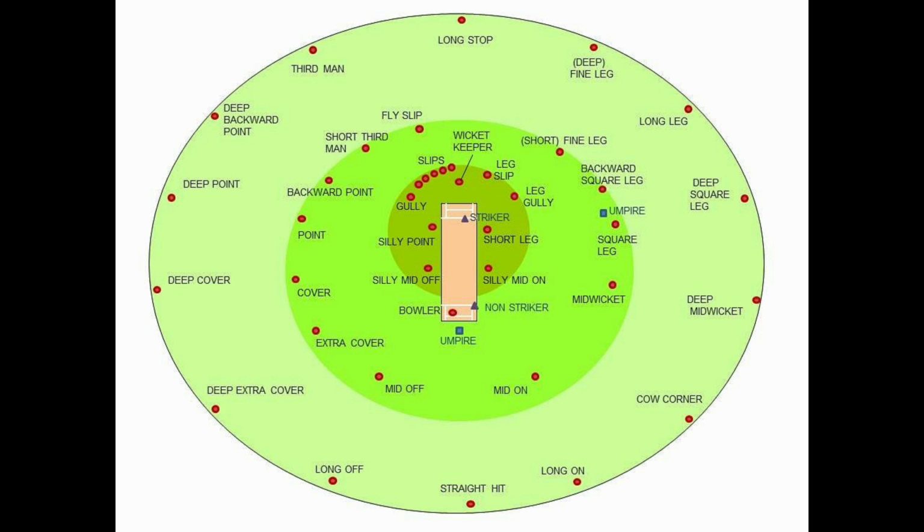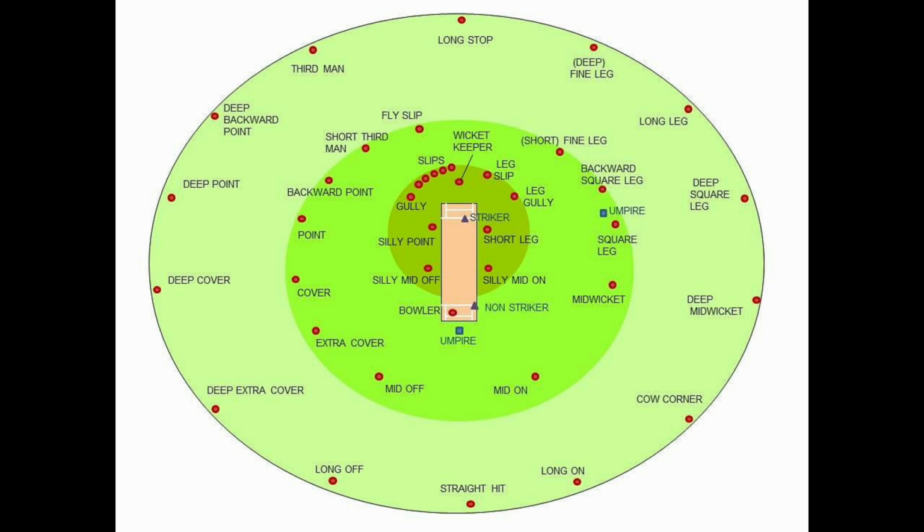So for instance, if we start here on the offside, so once again, this is a right-handed batsman. If we start here and we know about the slips, right next to the wicketkeeper, and then you see fly slip. So you see the name slip is still there, so you kind of know what part of the field they're in. And then the fly slip, okay, they're just behind the slips.